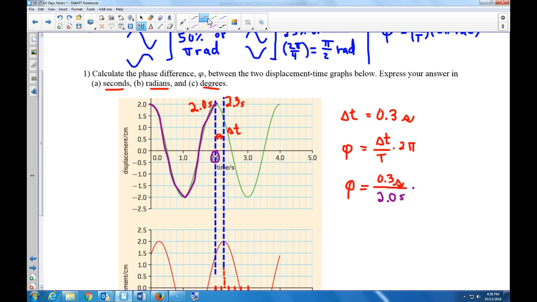And then we multiply by 2 pi to convert this fraction, or percentage, into radians. And what do we get? This is 0.94 radians. So this is part A. The time difference is 0.3 seconds, part B.